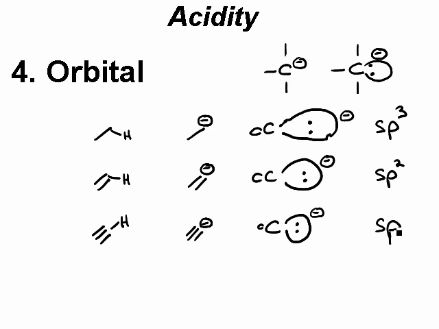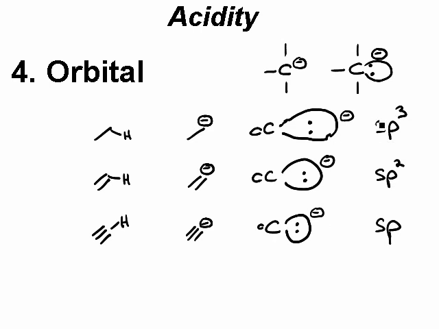Now, these orbitals are similar in shape, but notice that an sp hybridized orbital is closer to the nucleus. In the sp3 hybridized orbital, the electron density is farther away from the nucleus than in an sp hybridized orbital. So in an sp hybridized orbital, the electron density is closer to the positively charged nucleus and therefore more stabilized.